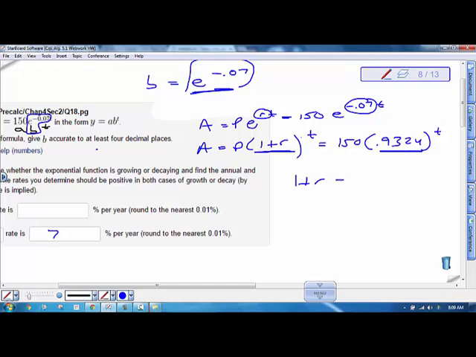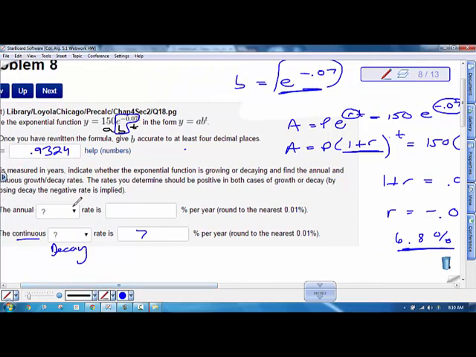And if we do that, 1 plus r equals 0.9324, we could just subtract 1, and you get r equals negative 0.0676. So that would be decay, and the rate would be 6.8% decay if we move the decimal place over to round to the tenth. I think you can do 6.76 as well, but that's decay with 6.8%.